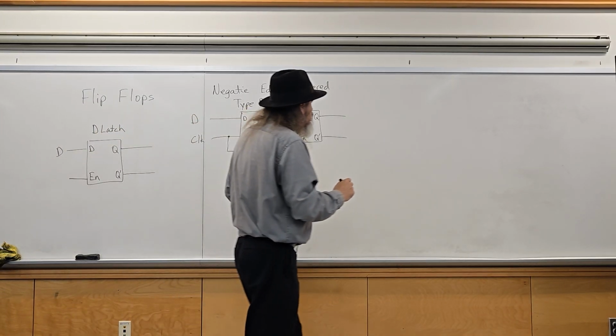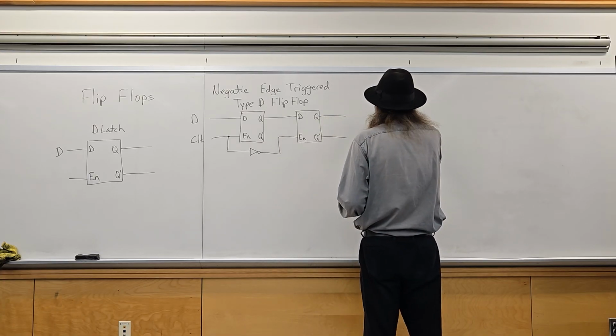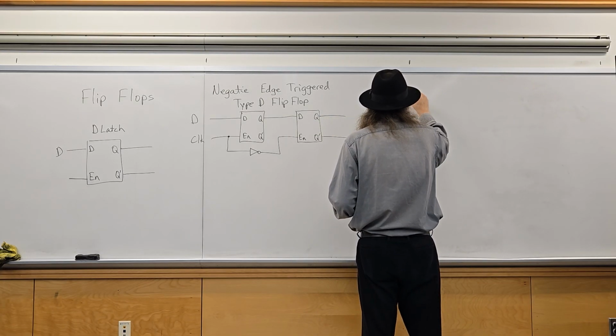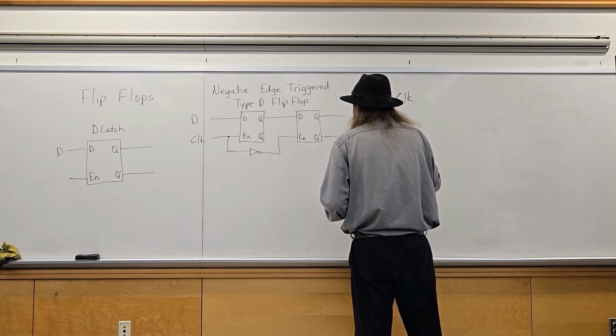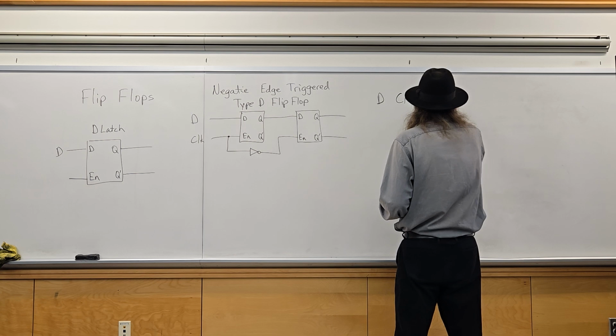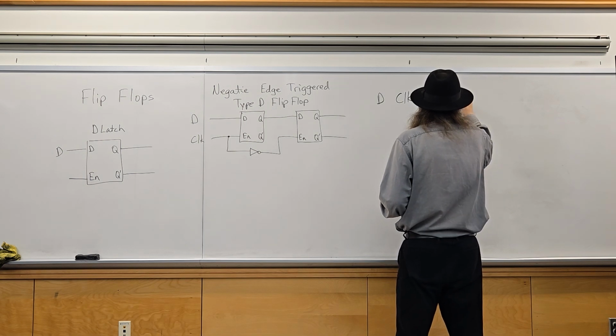So the state table looks a little bit different. Clock, Q, Q prime.